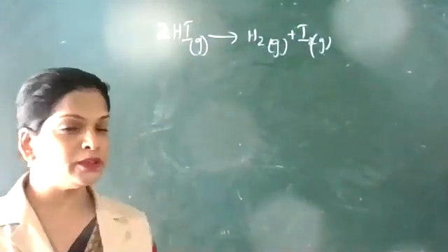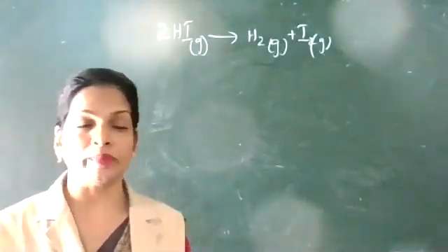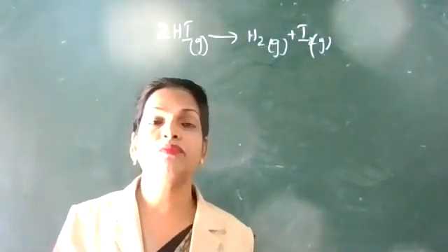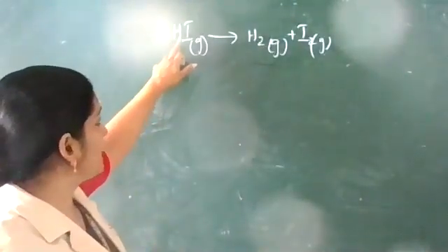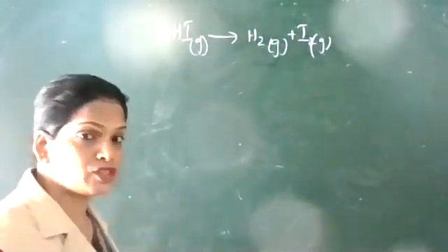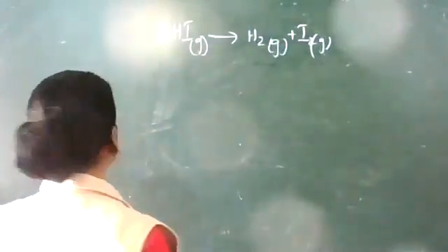So what we are going to do, in terms of every reactant, to make the reaction rate the same throughout, is divide the rate of the reaction in terms of HI by its stoichiometric coefficient.